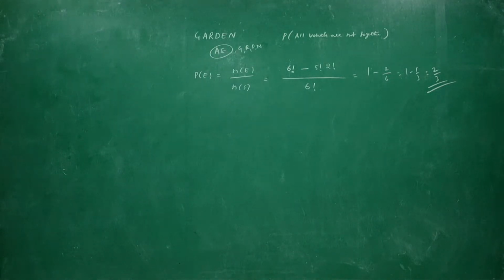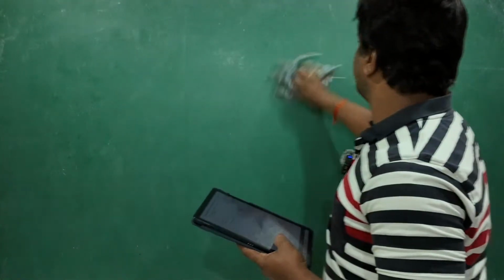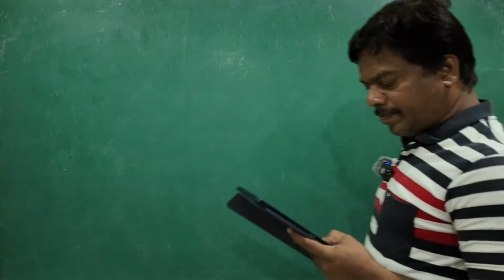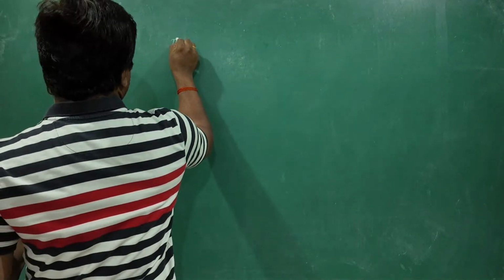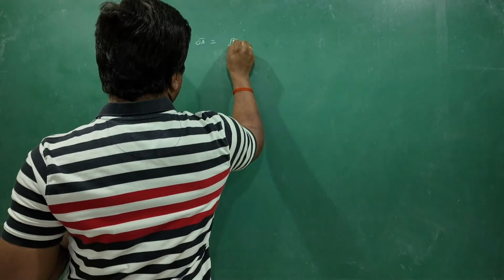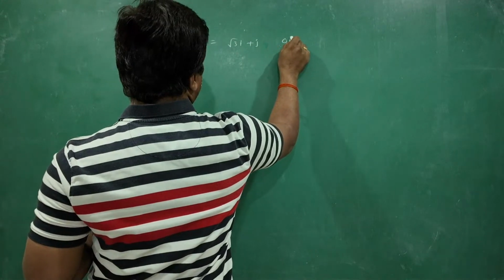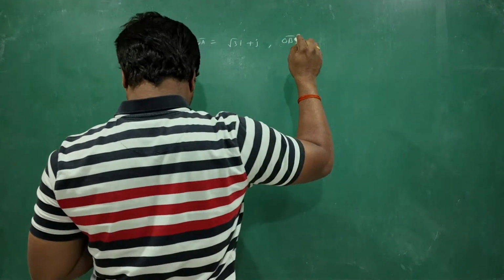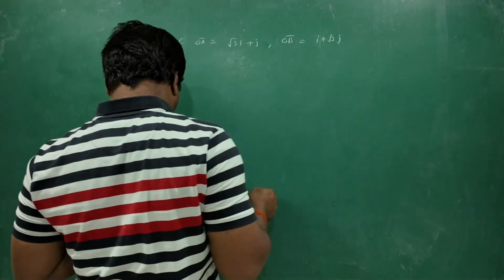Move to the next question. OA is the vector root 3i plus j. OB bar is another vector, i plus root 3j.